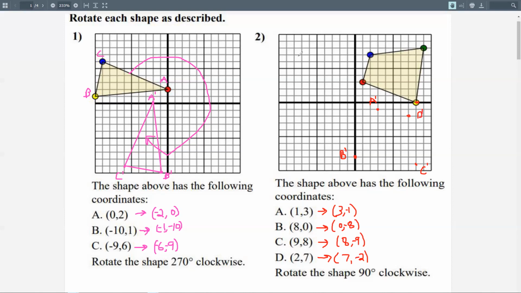And if we connect those, we can see our rotated figure, right? We've rotated it 90 degrees clockwise. Okay, so switch the coordinates, and then these 3 are headed to quadrant 4. Then the last one, B, which is on the x-axis, ends up on the y-axis.